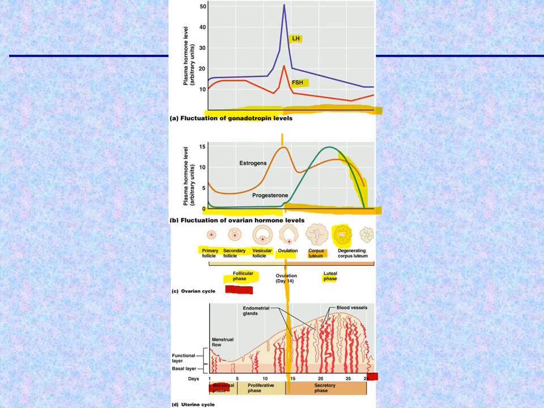So the menstrual period is here early on, and then the basal layer leads to production or proliferation and growth of the functional layer. So you see the functional layer is increasing in thickness, and it's shown here. It's the functional layer that got sloughed off in the menstrual flow from the endometrium.